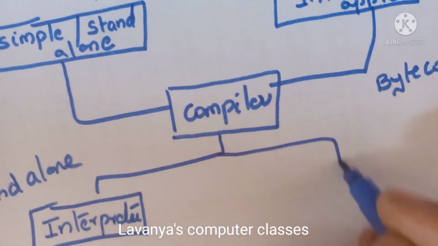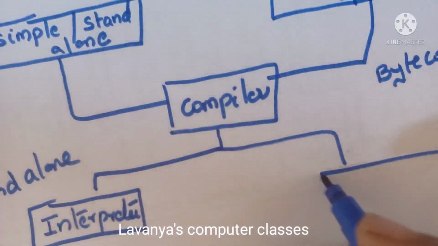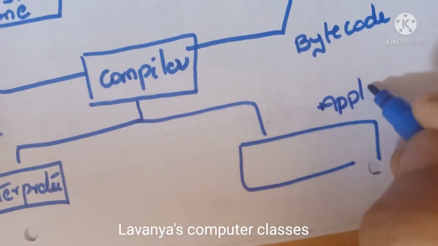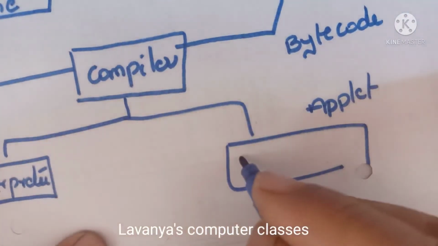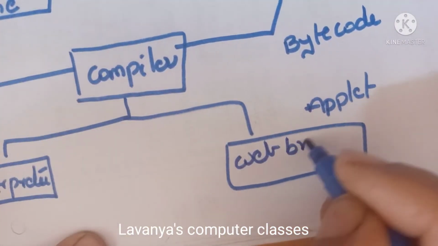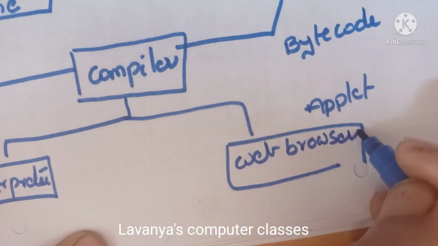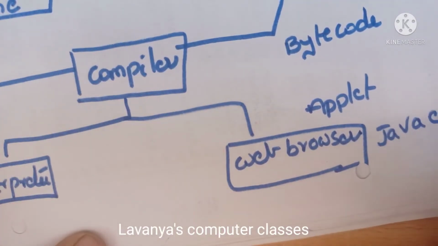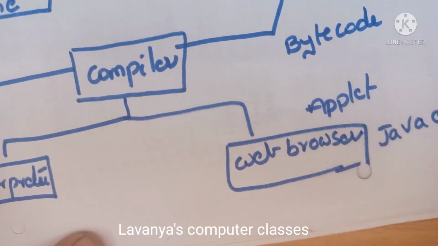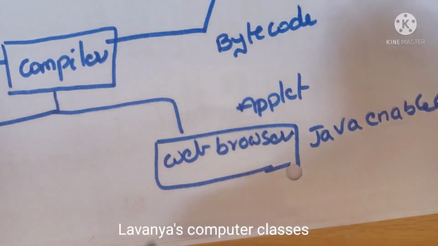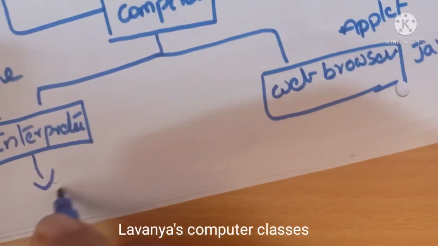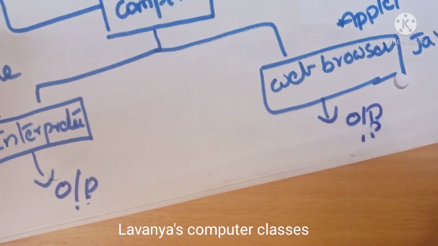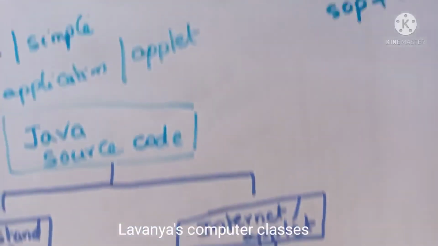If it is an internet application, that means it is an applet program, we need a web browser, a Java enabled web browser. After that it gives the output. So this is called the overview of a Java program.